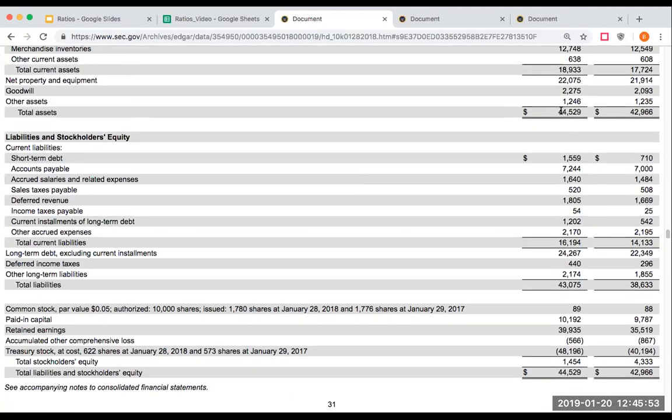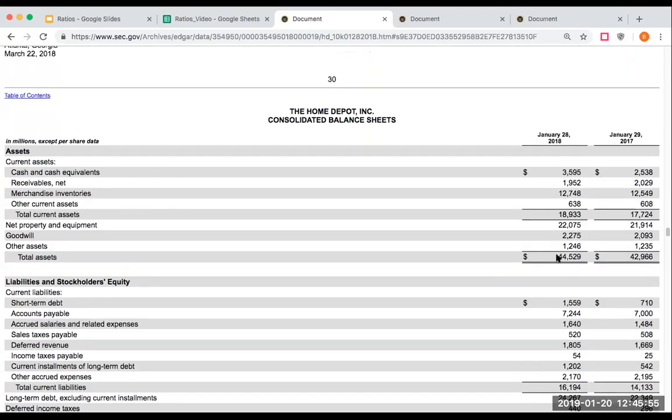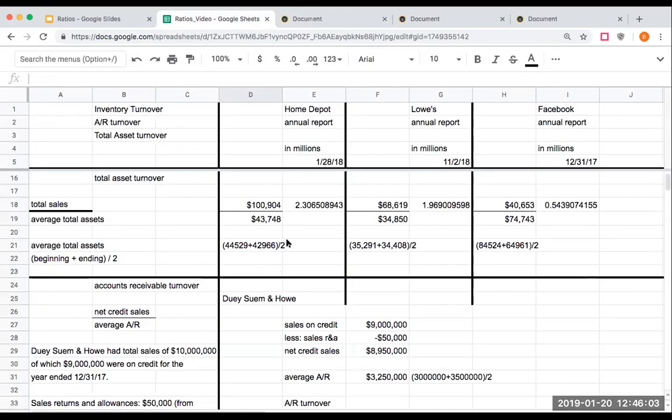And their average total assets, they had total assets here of $44.5 billion, and total assets in January of 2017 of $42.9 billion. So here the total asset turnover ratio for the Home Depot, or how well are they managing their assets, is pretty high. It's about 2.3. So again, they're being pretty productive, you could say, with their assets.